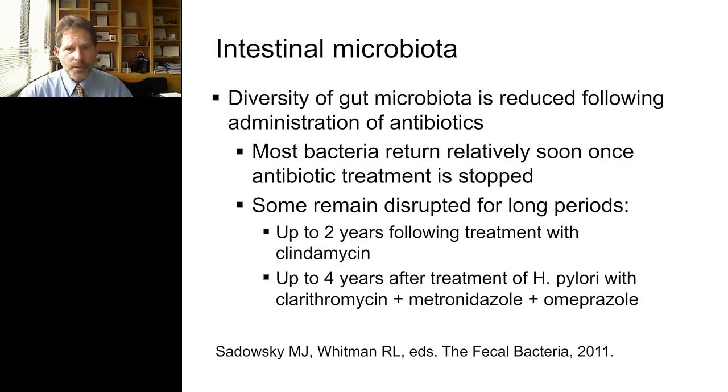So why do people have recurrent disease? Well, it's because when you disrupt the gut microbiota with antibiotic therapy, it does not return to normal immediately. If it did, you could treat the C. diff, stop treatment, and then expect the gut microbiota to basically reconstitute very quickly and be protected.